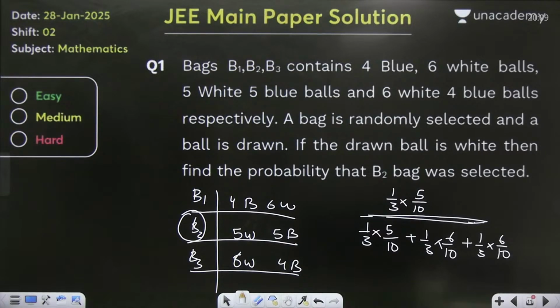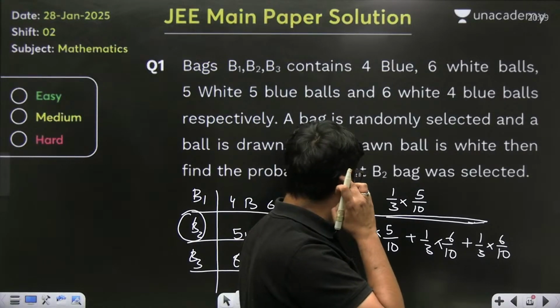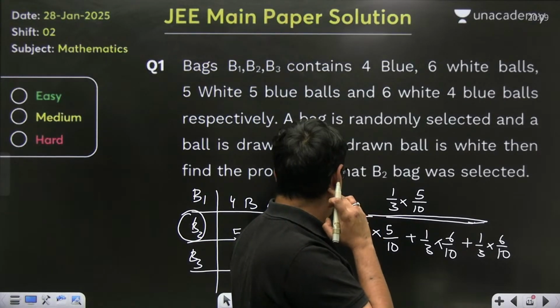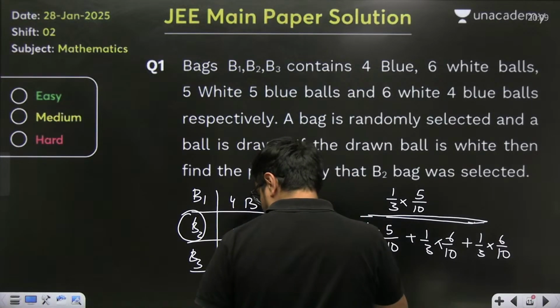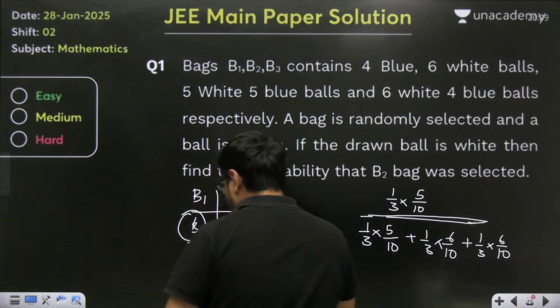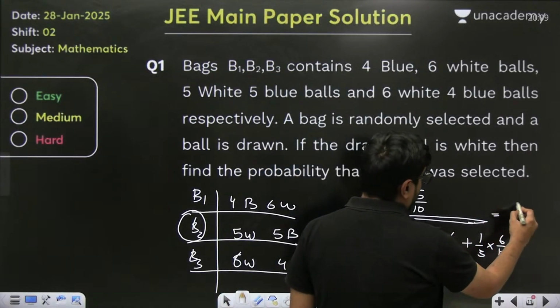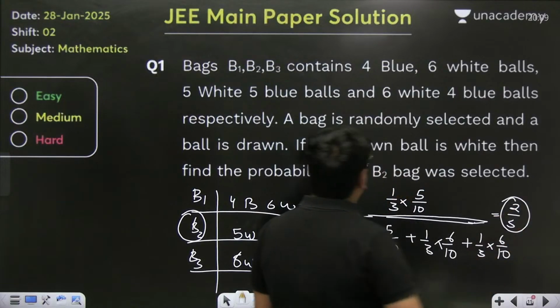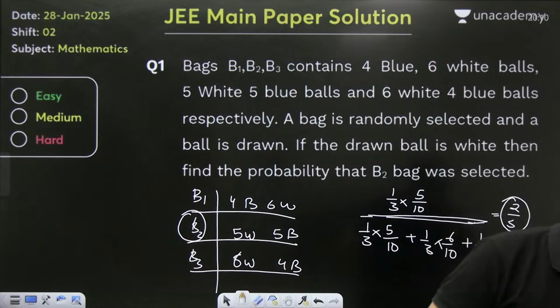I think if we calculate, the 1 by 3 will get cancelled. So 11 by 10, 5 by... this should come out to be 2 by 5. Straightaway Bayes theorem you had to apply over here. Nothing major.